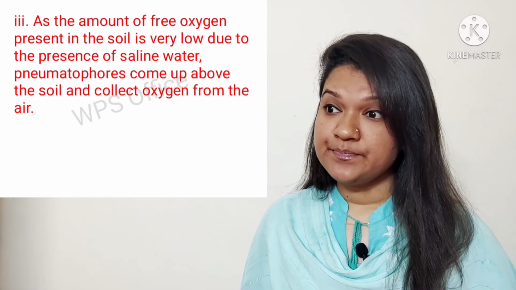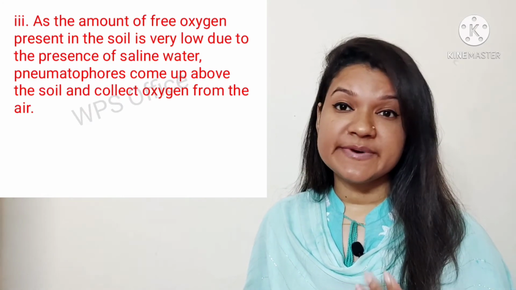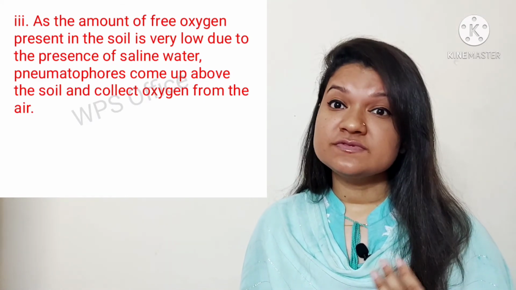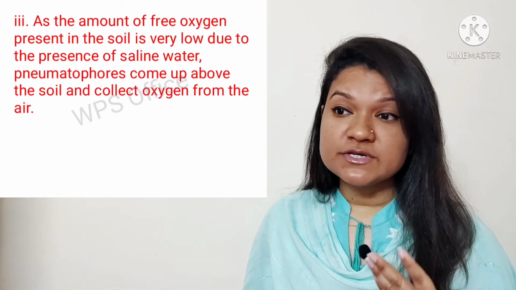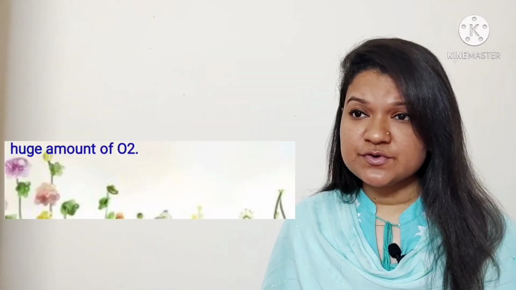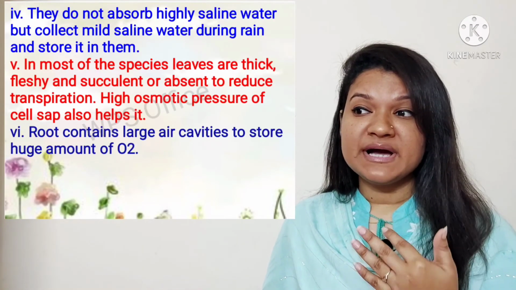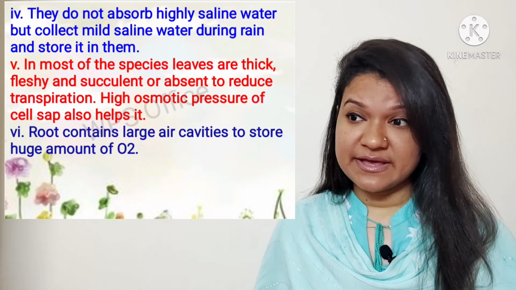Number 3. As the amount of free oxygen present in the soil is very low due to the presence of saline water, pneumatophores come up above the soil and collect oxygen from the air. Number 4. They do not absorb highly saline water but collect mild saline water during rain and store it in them.